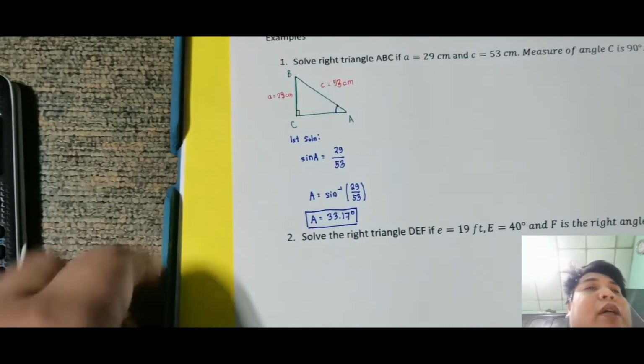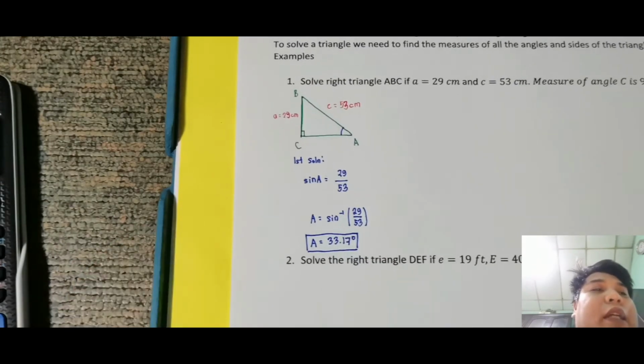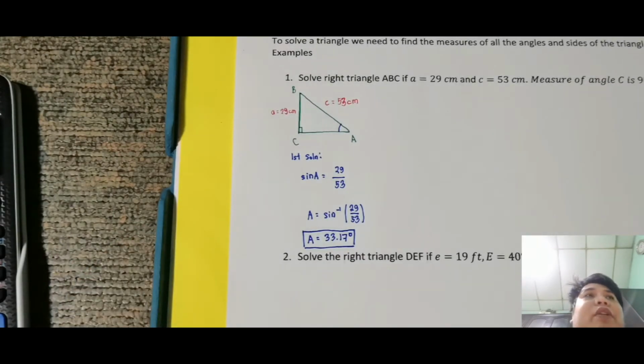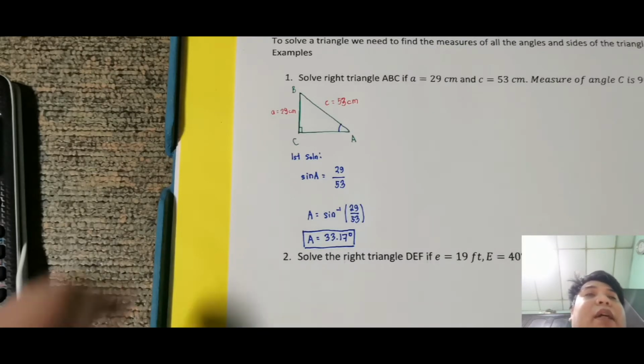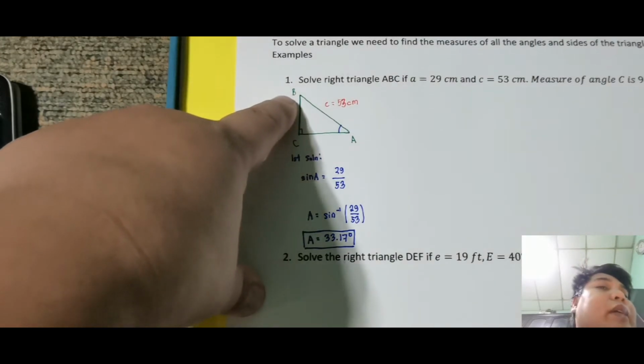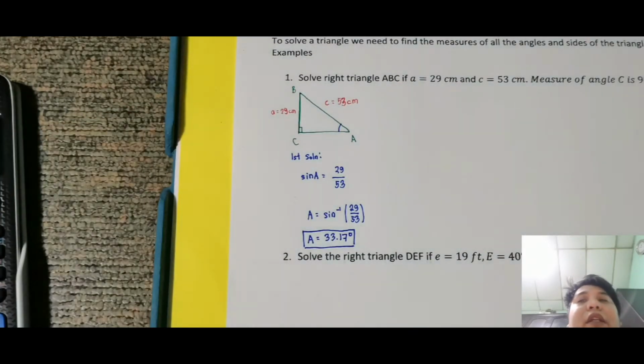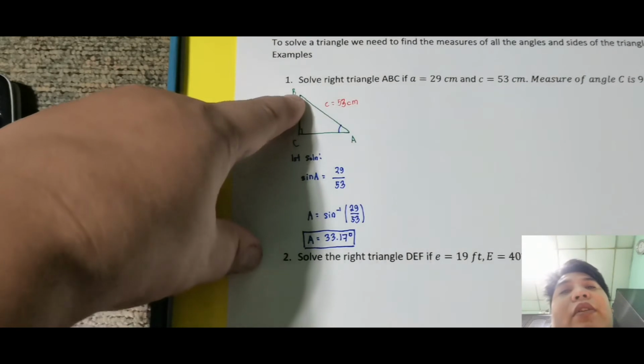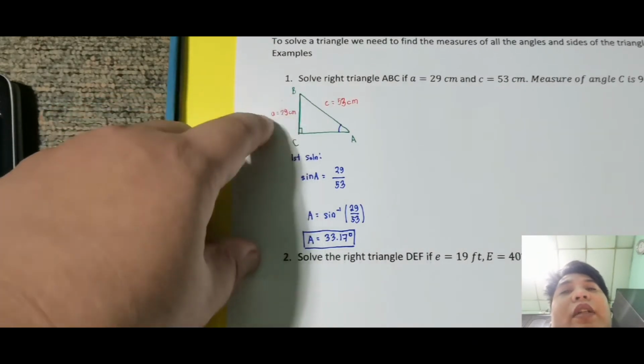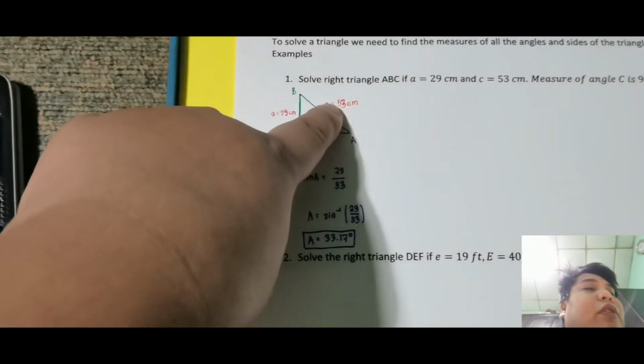Okay, ngayon, ito pa ang napansin nyo. In any triangle, the sum of the interior angles is always 180 degrees. Aware tayo doon. So, para mahanap natin yung angle B, instead na isolve mo siya ng cosine adjacent over hypotenuse, wag na ganun.